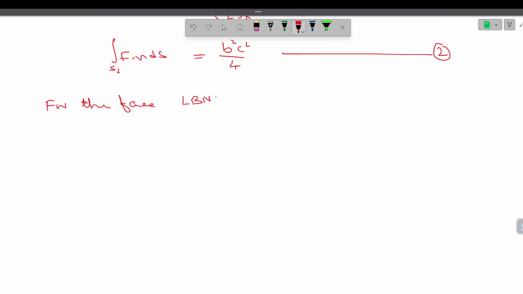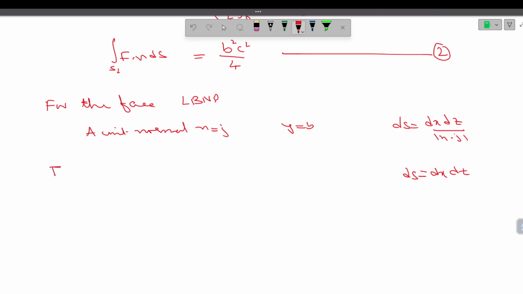A unit normal for that will be n equal to j and y equal to b. And ds equal to dx dz by n dot j. So this will be dx dz. ds will be dx dz.